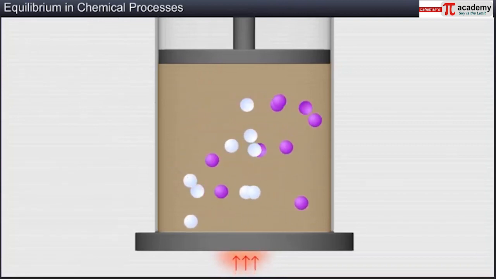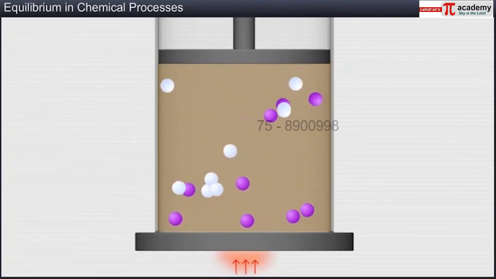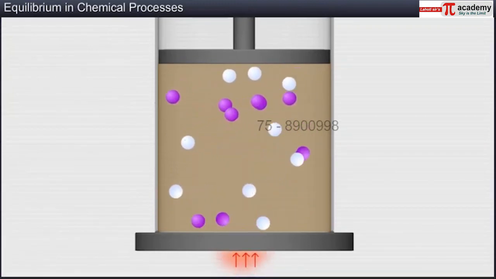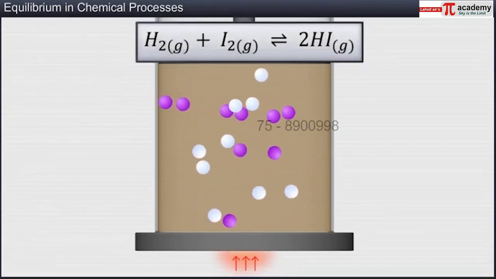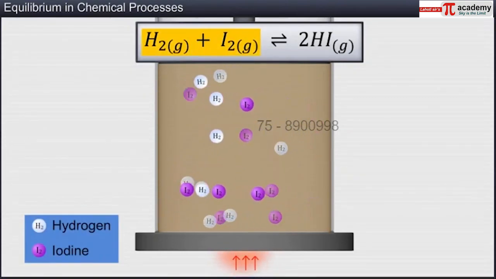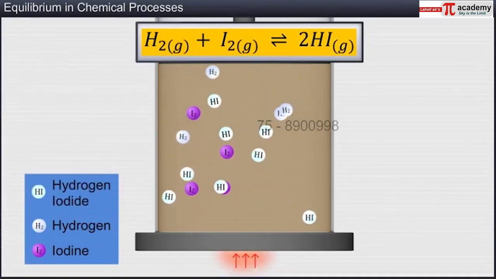The dynamic nature of chemical equilibrium can be understood by studying a gas phase chemical reaction. For example, when hydrogen and iodine are heated in a closed vessel, they react to form hydrogen iodide.